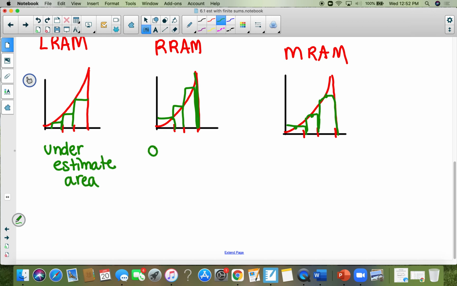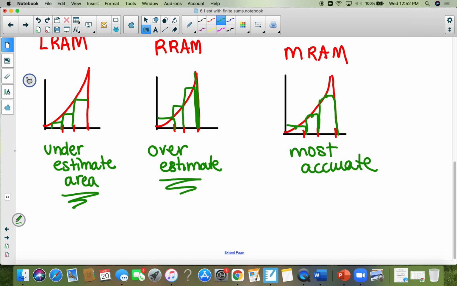This is going to be an overestimate. And they figured out that the MRAM is going to be the most accurate. I don't know why they're teaching you all 3 of these. This is an underestimate, this is an overestimate, and this is the most accurate estimate.